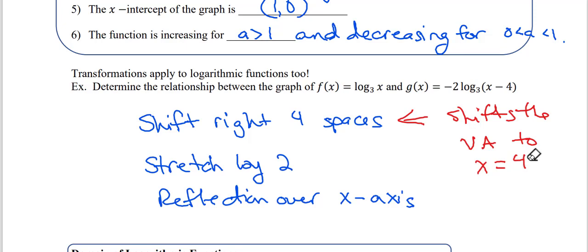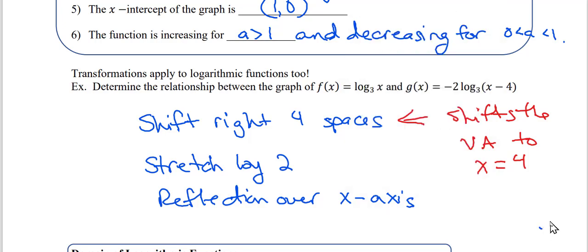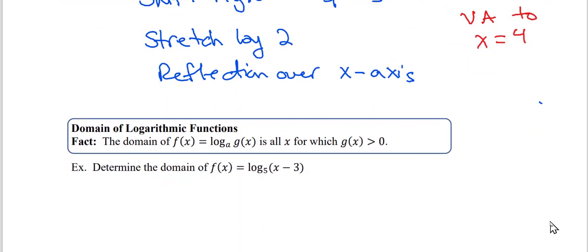Pick up that whole thing and shift it over to the right 4 spaces. The vertical asymptote shifts with it, which moves it to x equals 4.